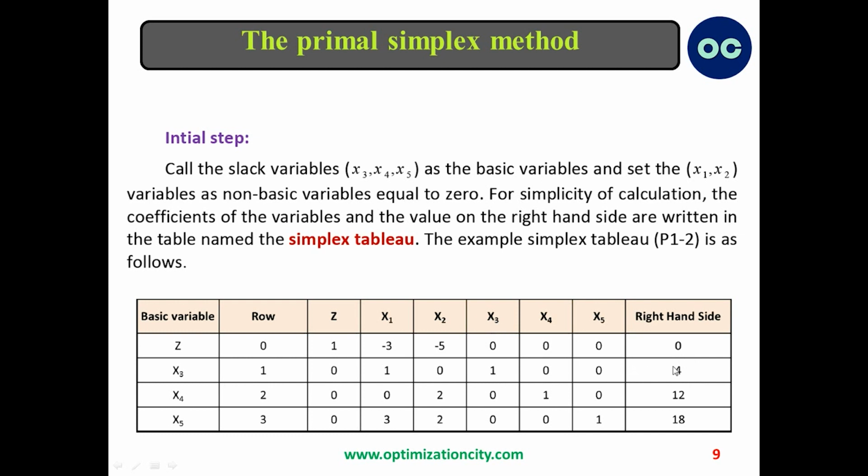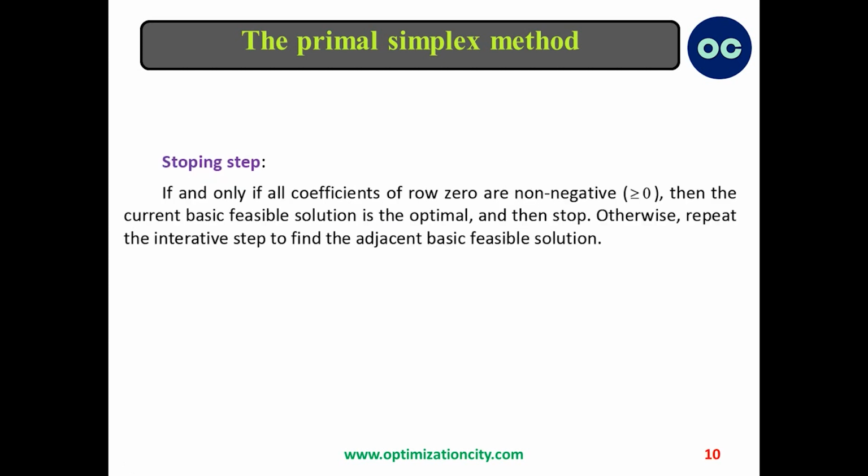The basic feasible solution for the table above is x1 is 0 because it's a non-basic variable, x2 is 0 because it's a non-basic variable, x3 is equal to 4, x4 is equal to 12, and x5 is equal to 18. For simplicity, we show any basic solution as follows.